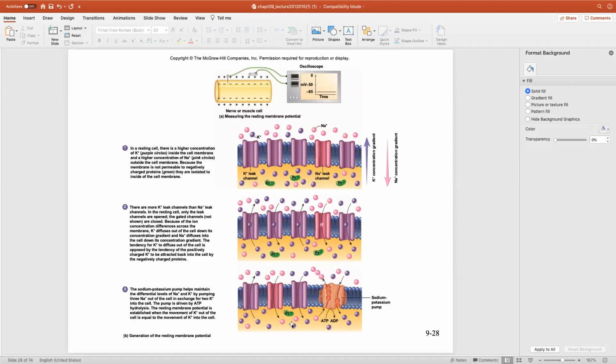Now, why is this important? Not only do we lose that positive charge when we pump out 3 sodiums and bring in 2 potassiums, but some of the potassiums leak back out, losing even more positive charge. That helps account for a lot of the negativity. Perfect, right? It also accounts for the sodium and potassium concentration gradients. High sodium on the outside.